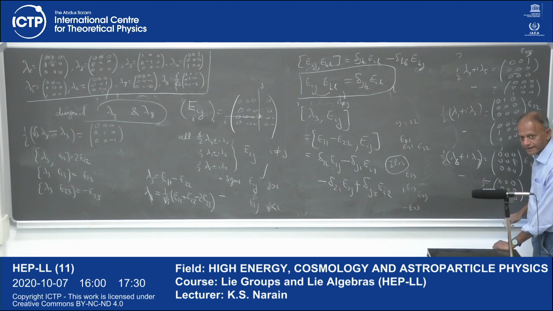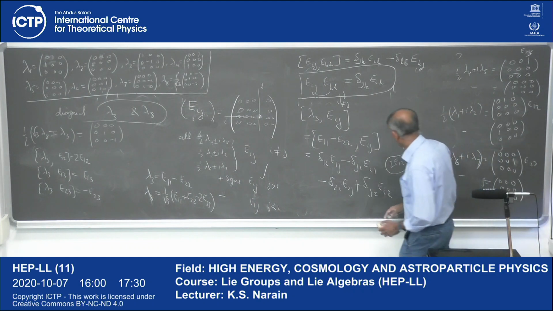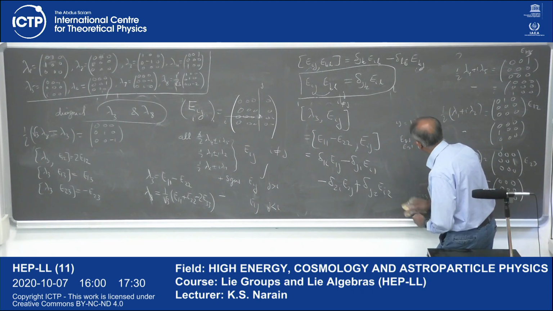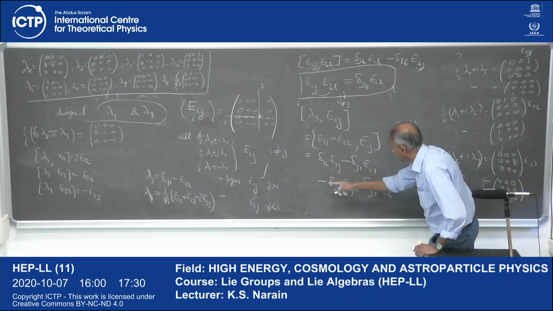Okay. Lower triangle, for the choice of minus signs here. So again, let's do it one by one. If I take E21, so i is 2, this of course drops out.